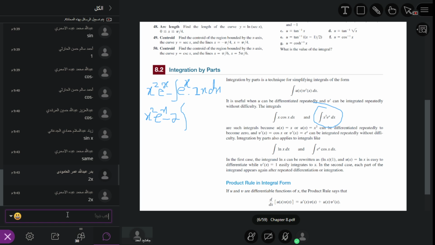So thus we put again x e power x. Now we have x e power x. We use integration by parts again.